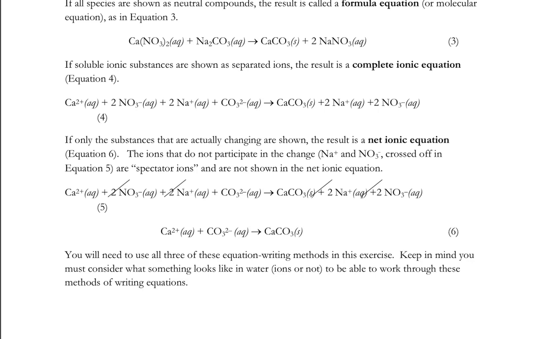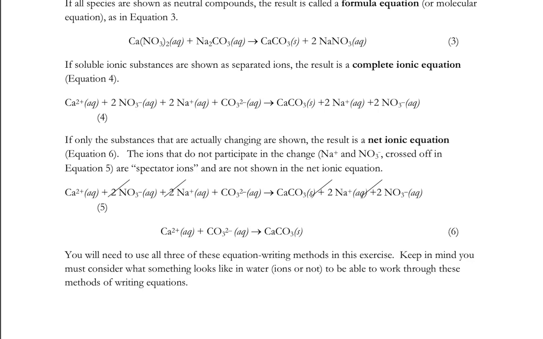For the net ionic equation, whatever is the same on both sides, we don't show. So in equation 5, we have the NO3 minus the same on both sides. The 2 of them, we have the 2 Na pluses the same on both sides. The slash lines on the product side, those should have been shifted a little bit.